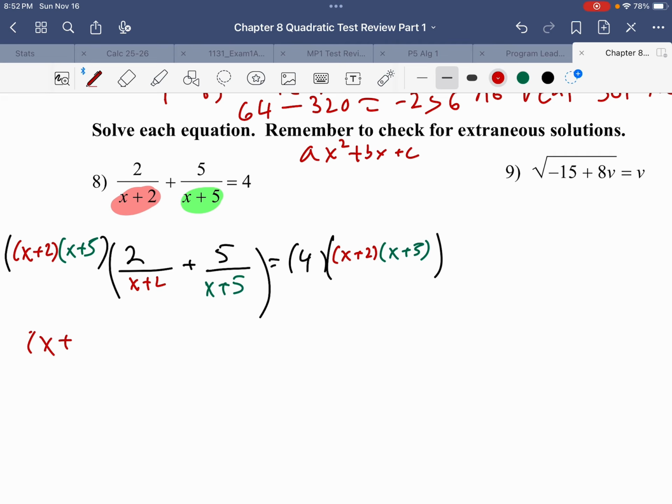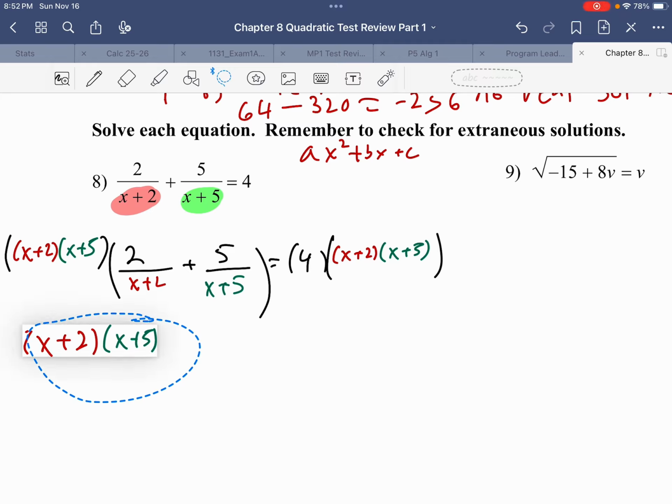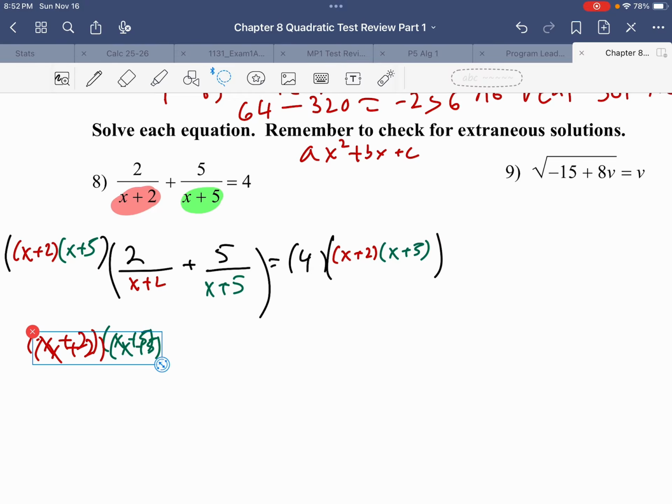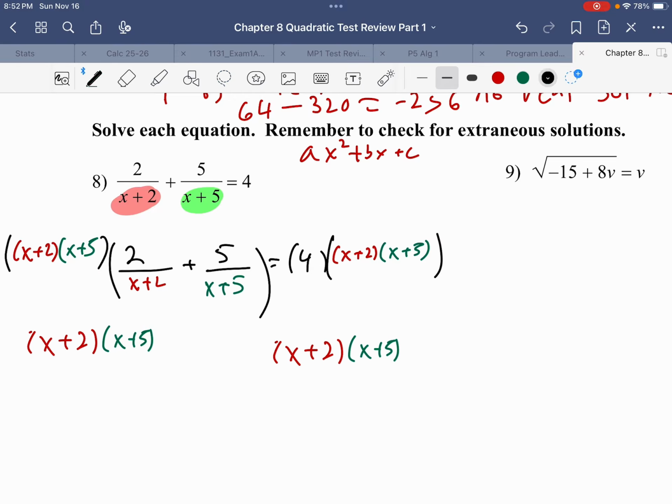It's going to look like x plus 2 times x plus 5. I'm going to copy this. So it's this times 2 over x plus 2, plus the same thing we're multiplying here times 5 over x plus 5.